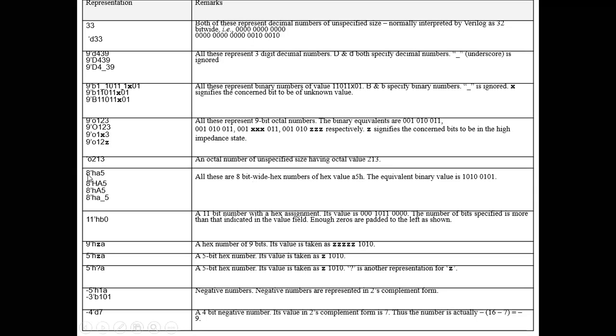It's of 8 bits, and H, either small h or capital H, indicates it's a hexadecimal number. It is just simply indicating A5. That A5 is here, this one, or can be indicated like this or this.